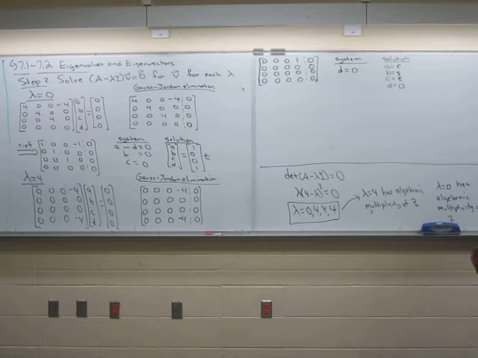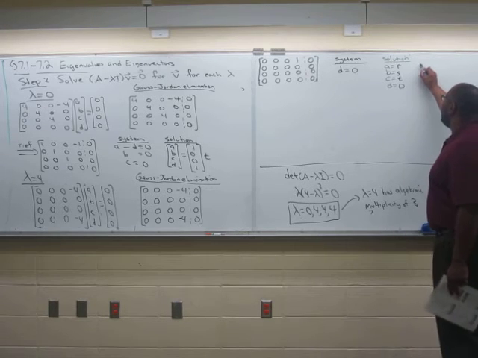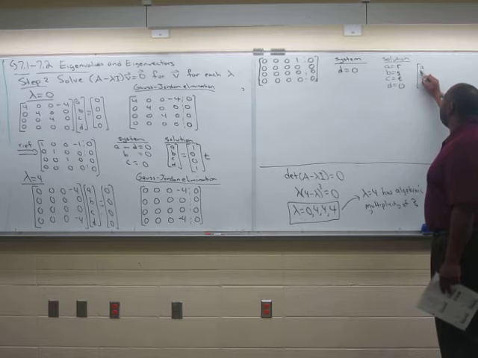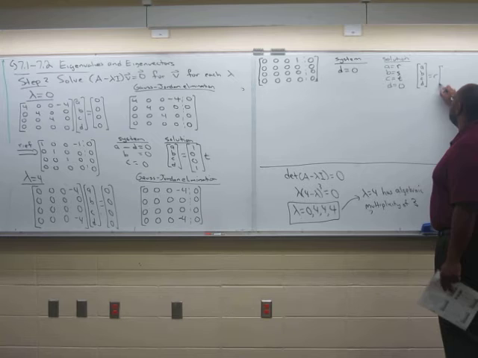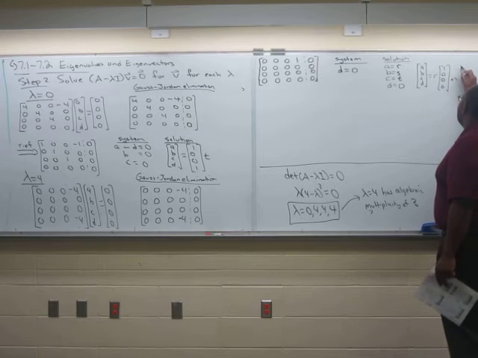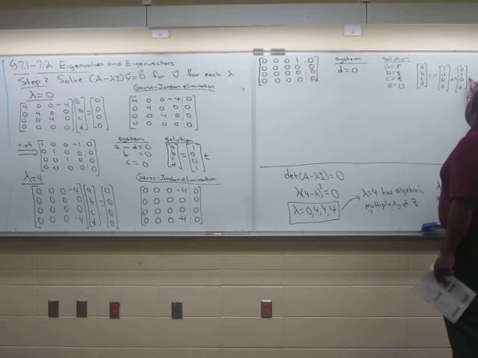Now, what does this look like in vector form? In vector form, A, B, C, D is going to be R times 1, 0, 0, 0, plus S times 0, 1, 0, 0, plus T times 0, 0, 1, 0.